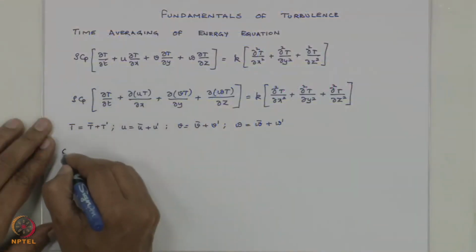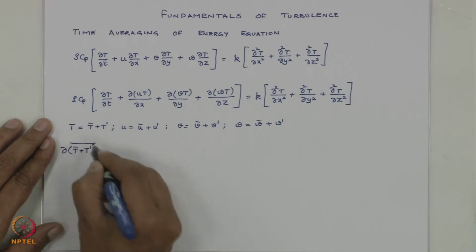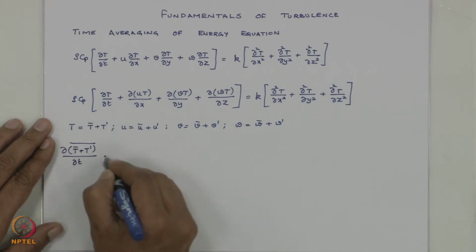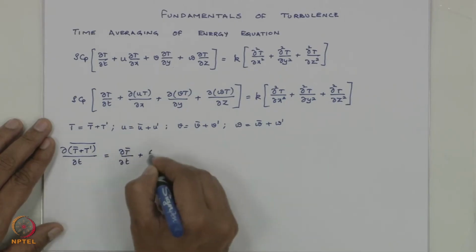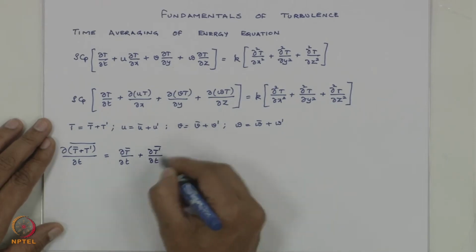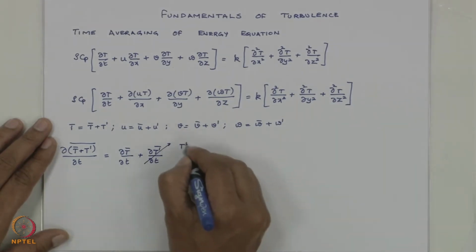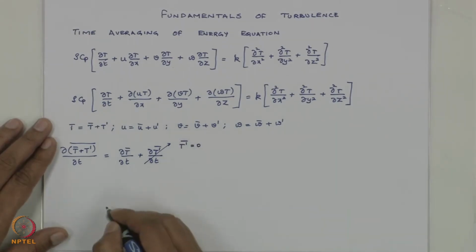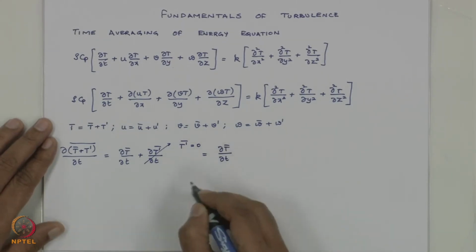So first term, del of T bar plus T prime bar by del t equal to del T bar by del t plus del T prime bar by del t. This is 0, because T prime bar equal to 0. So you get del T bar by del t.